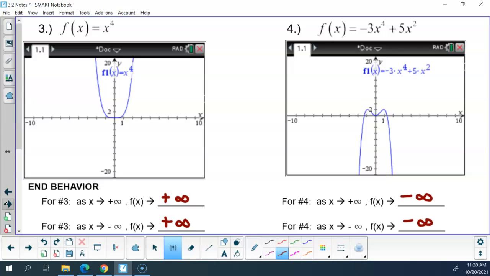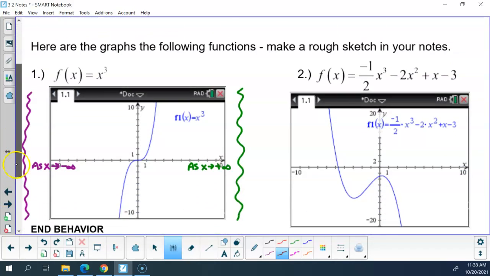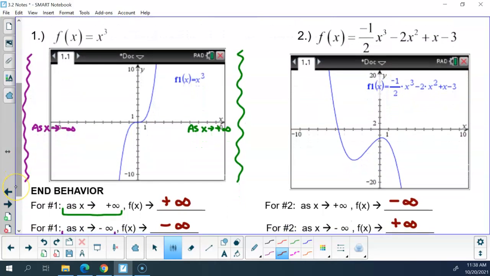That is true. That's what I was thinking. Which side goes down?